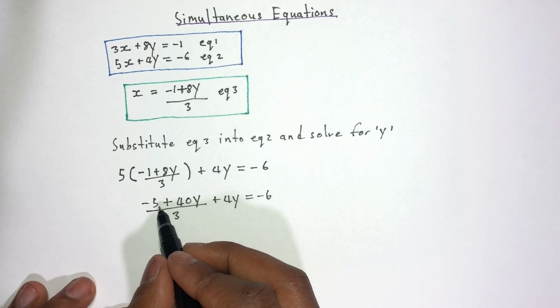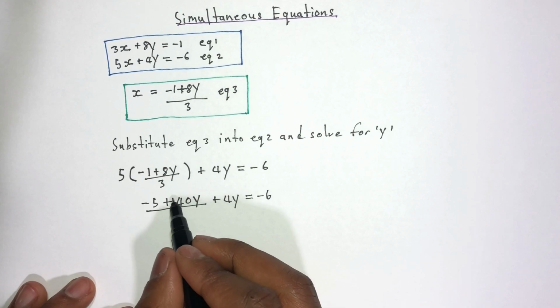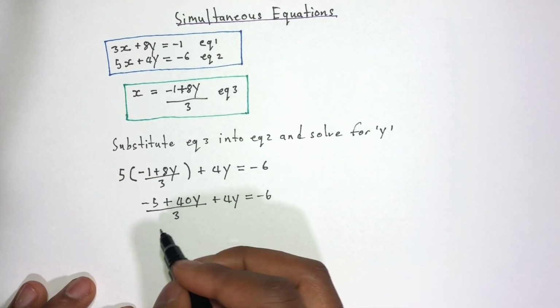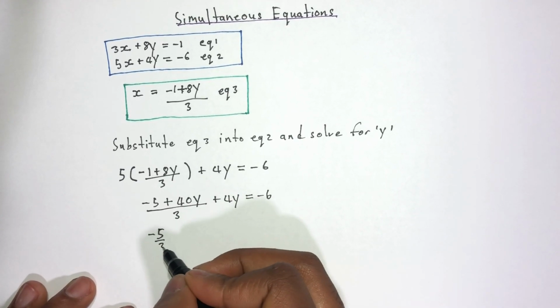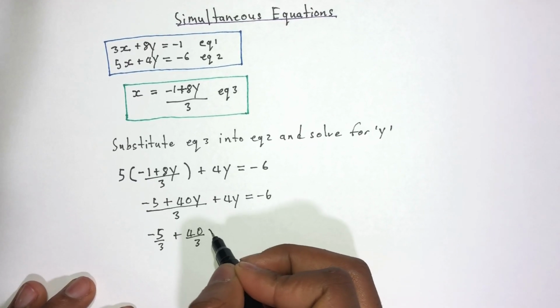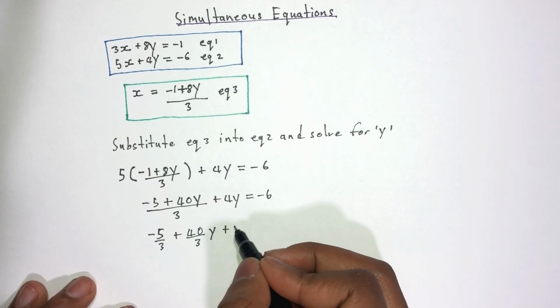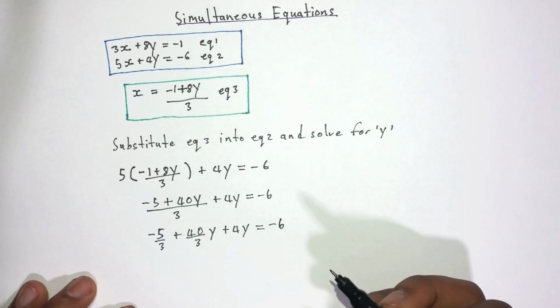Now, because both of these numbers share the same denominator, I can separate them. So this leaves us with -5 over 3 plus 40 over 3y plus 4y equals -6.